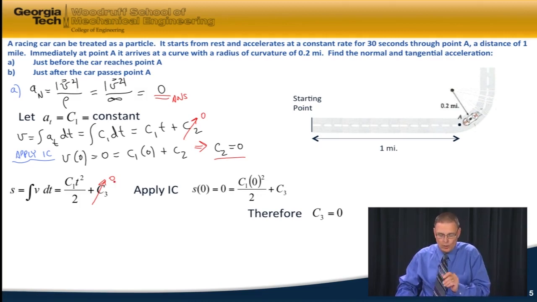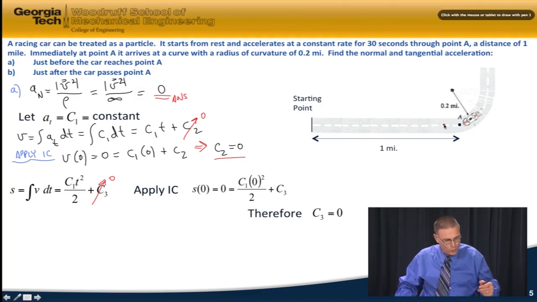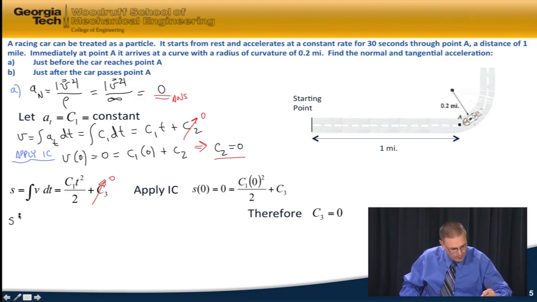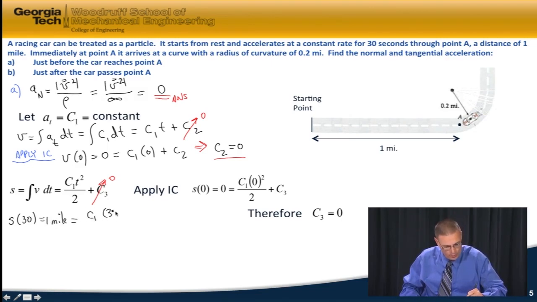And so now I have an expression for the displacement. I also know some more information. The displacement at 30 seconds is 1 mile. So let's use that. S of 30 equals 1 mile equals C1 times 30 squared over 2.